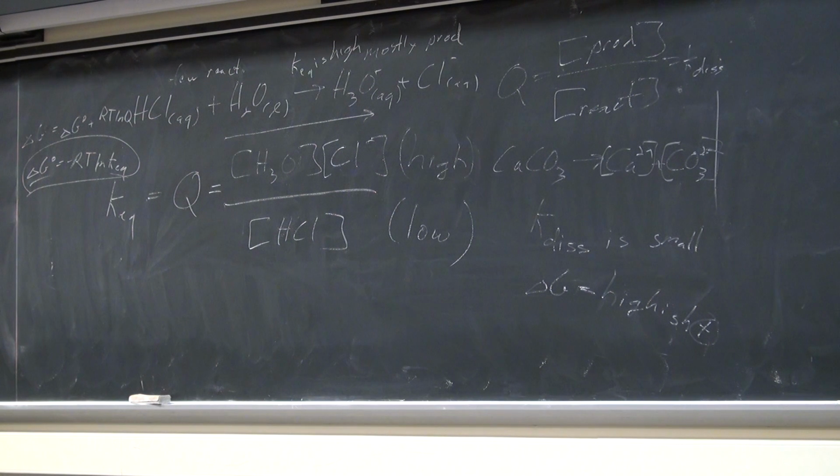And so these are high numbers, and these are very, very small equilibrium constants. Versus if I have large equilibrium constants, I have large negative delta G's.